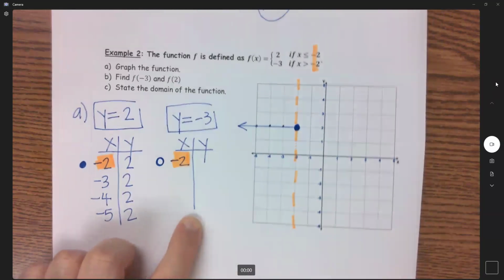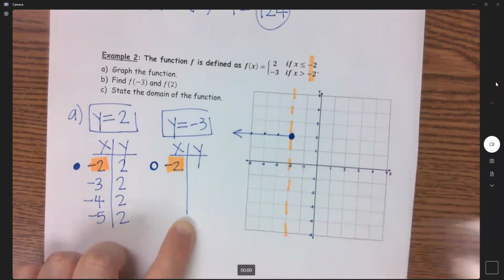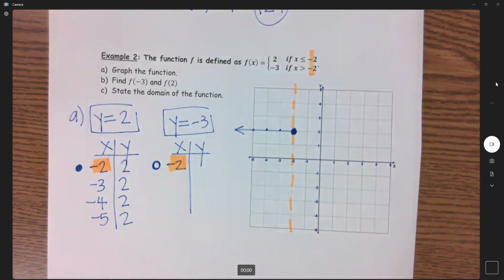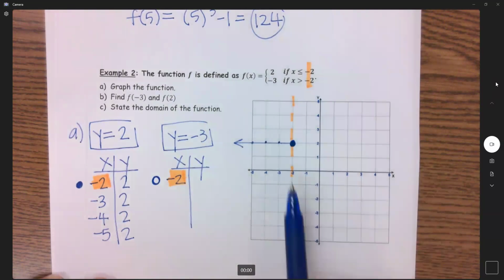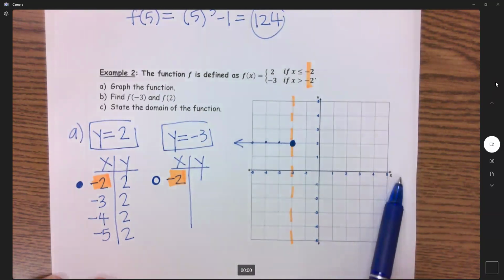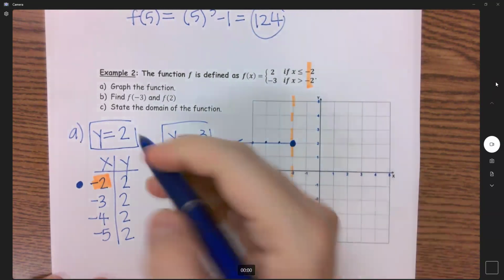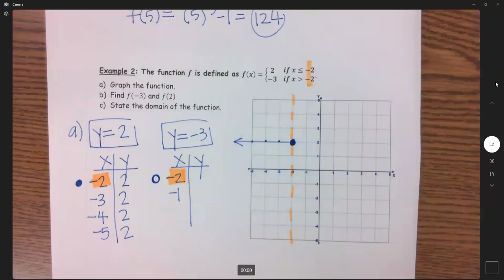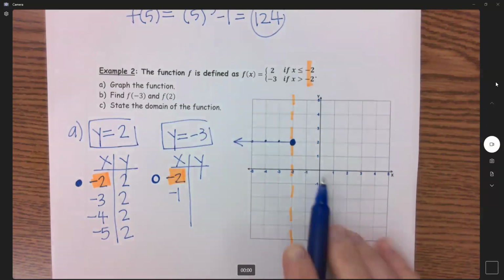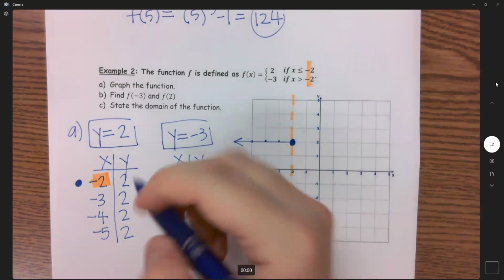Okay, let's now do this table and figure out what goes on this side of our graph. So this one says when x is greater than -2. So what's the next logical number that's greater than -2? We got -1. Now, at minimum, you need at least 2 points, but go ahead and put a couple more values just to get more accurate. We're going to go 0 and then 1.